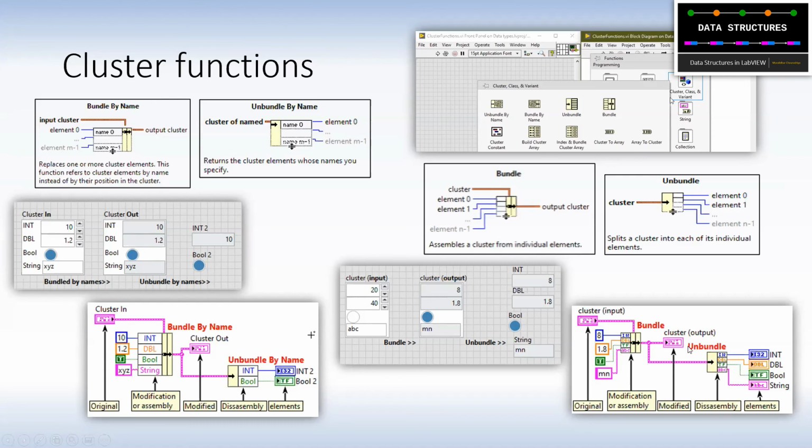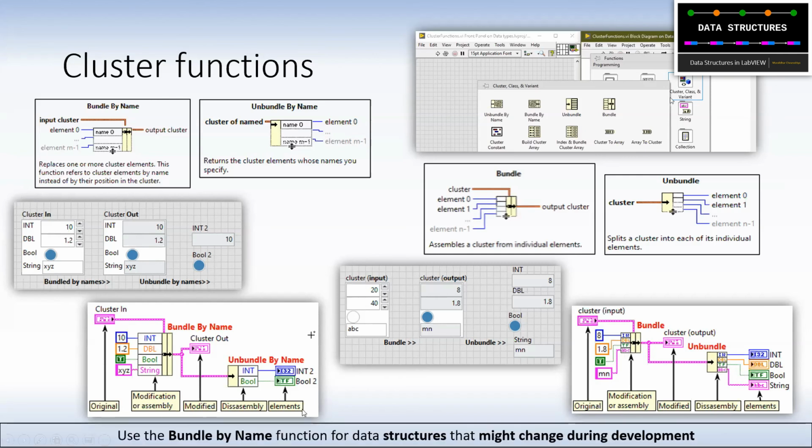So you have to supply all the data, or you can supply the variable data in that particular sequence. So Bundle By Name and Bundle or Unbundle are the same function-wise. The only difference is that with names you have independence from the sequence.